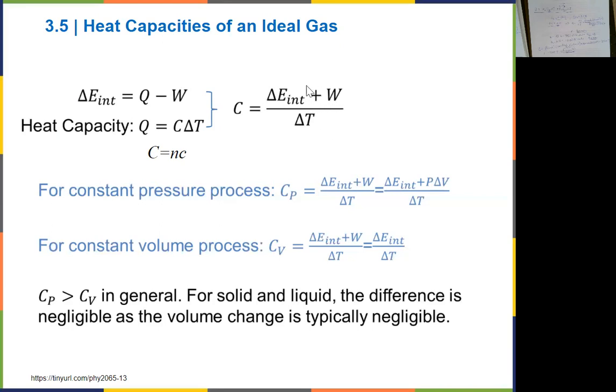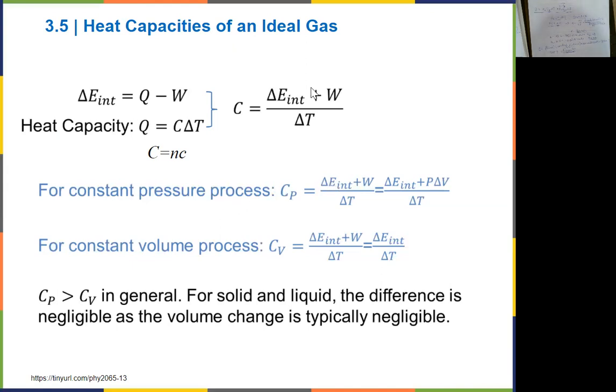Most commonly you will have either a constant pressure process or a constant volume process. During those processes, the molar heat capacity can be written as C sub P, meaning a constant pressure process.